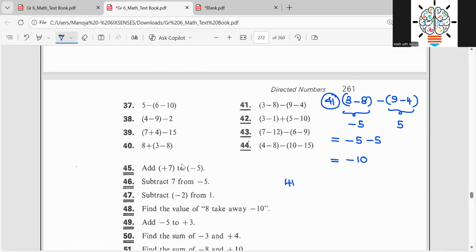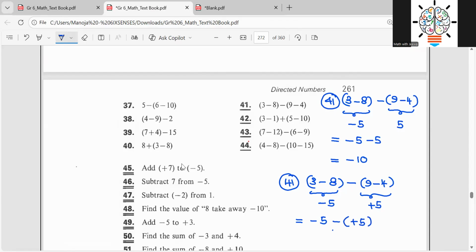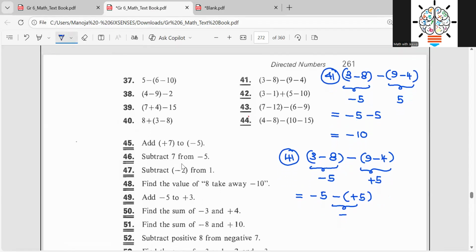I will show you that method too, in case you are planning to do it like this. 3 minus 8 here we have, and here we have 9 minus 4. I write this 9 minus 4 as plus 5. And this one I write as minus 5. Then what do I do? Minus 5, subtract plus 5. Then minus and plus, it becomes minus. This is a longer method, but if you have shown the steps like that, it is okay. Minus 5, then you get the final answer, minus 10.